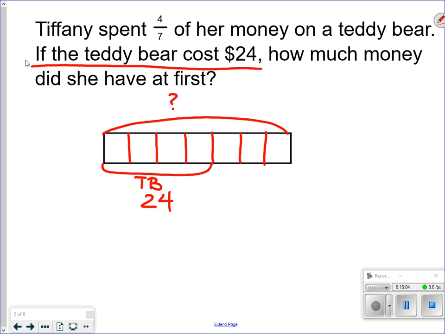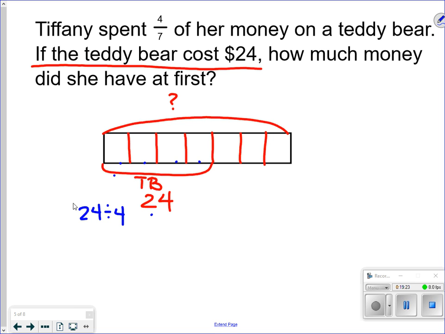So I want to see if you can go ahead and work it and figure it out. So it's 24 divided by 4 because you have 1, 2, 3, 4 that make 24. And I saw some people who were doing 24 divided by 7.